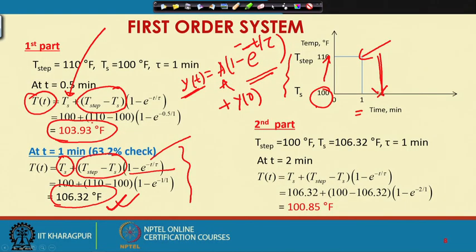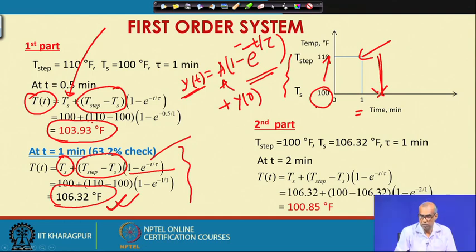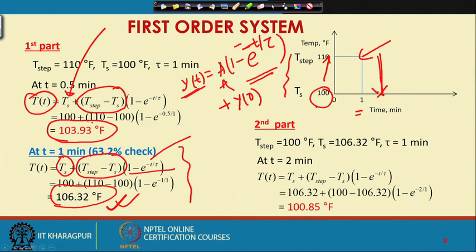In the second part, I give a falling step input to the thermometer. Again we make use of the same equation, but with appropriate values. The initial value is now this, because after 1 minute this was the temperature the thermometer was showing.